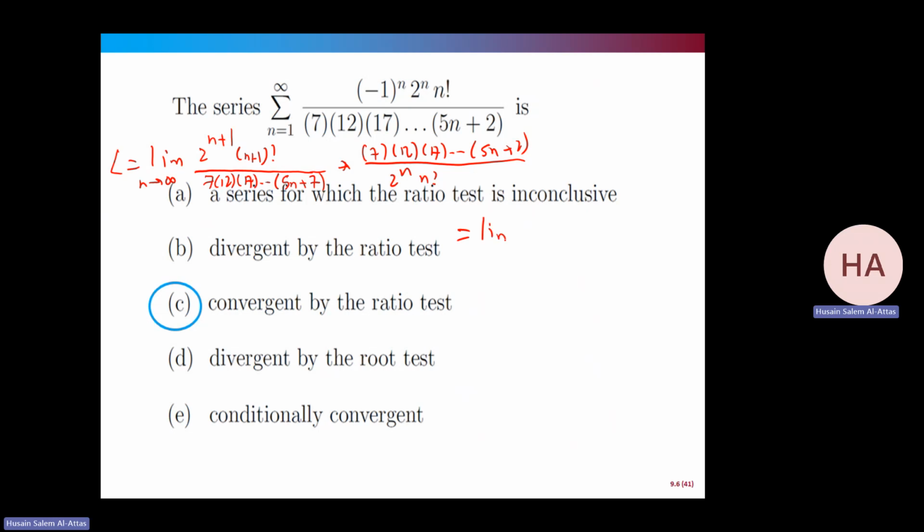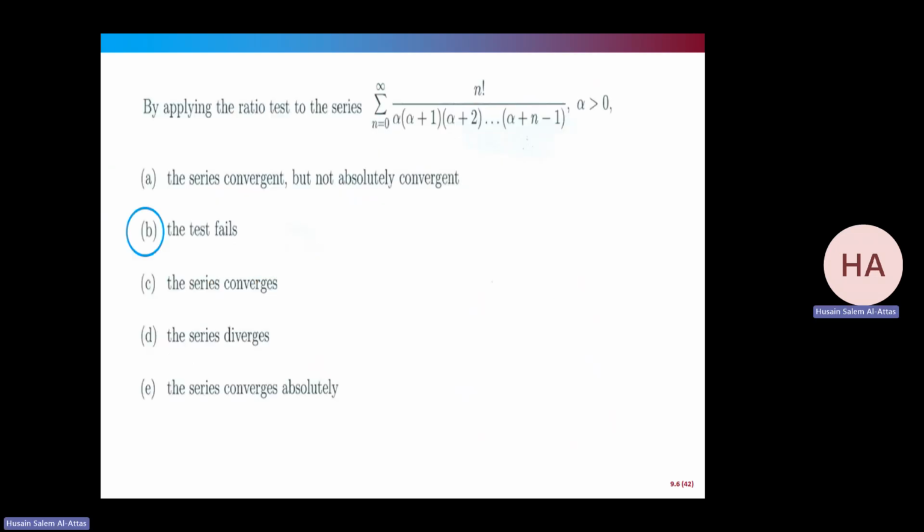So that will be what? The limit as n goes to infinity of what? This one cancelled with this one, and then they have 2 times n plus 1 over 5n plus 7. From 2 to the power n plus 1 and 2 to the power n, I'm getting 2. From n plus 1 factorial and n factorial, I'm getting n plus 1. So the answer is 2 over 5, less than 1. So it will converge.